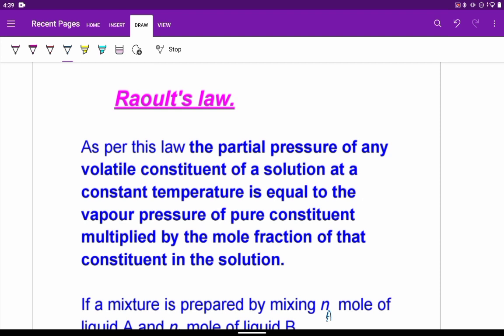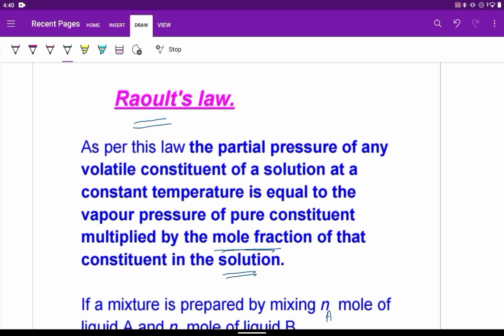And now if we see the statement, then as per the statement, the partial pressure of any volatile constituent of a solution at a particular temperature, when the temperature is constant, will be equal to the vapor pressure of the pure constituent multiplied by the mole fraction of that constituent in the solution.